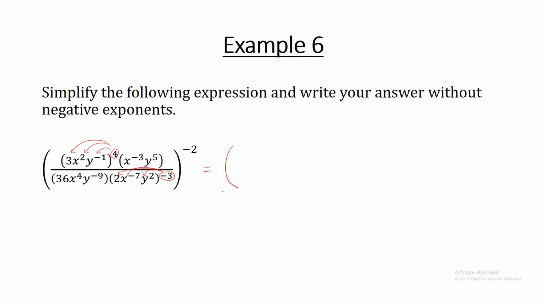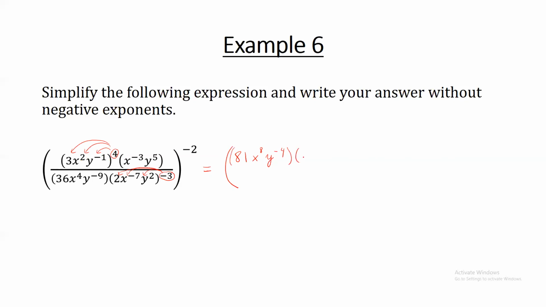We'll leave everything else intact for now, but we have 3 to the power of 4, as we saw from the previous example. 3 times 3 times 3 times 3 is 81. And then we multiply the exponents. 2 times 4 is 8, so x to the 8, and y to the -4.